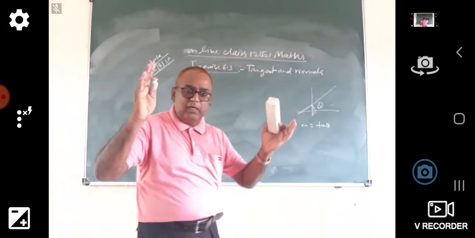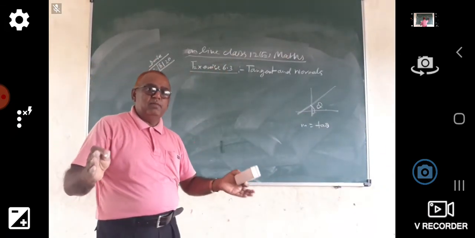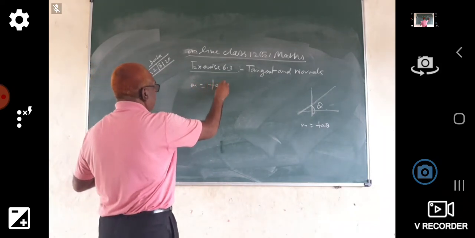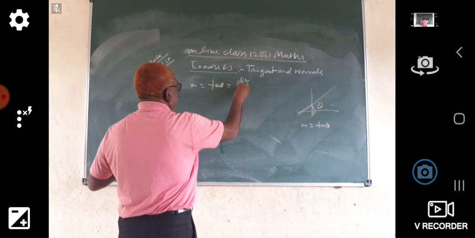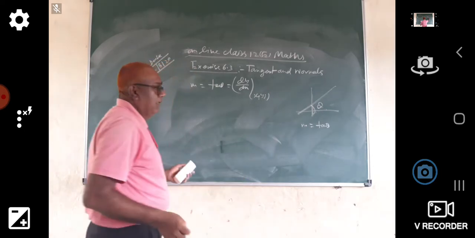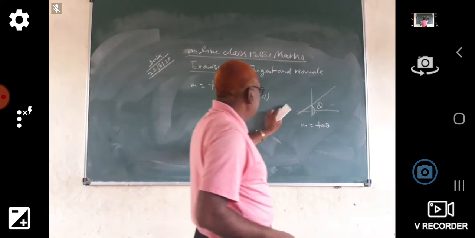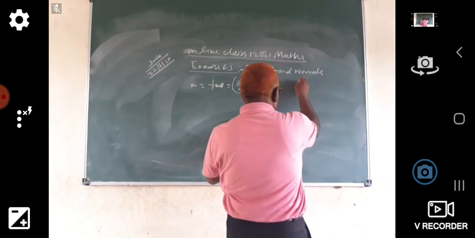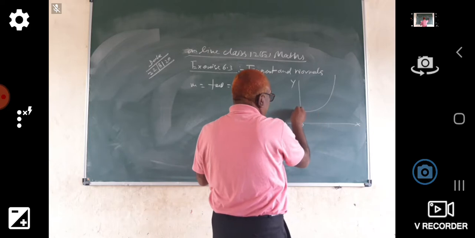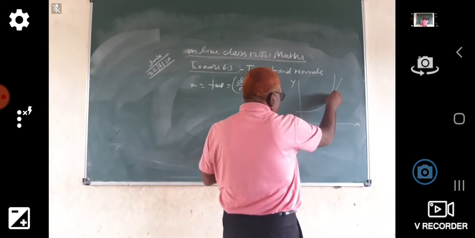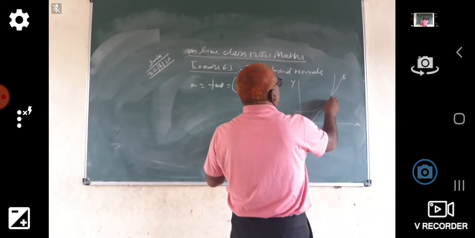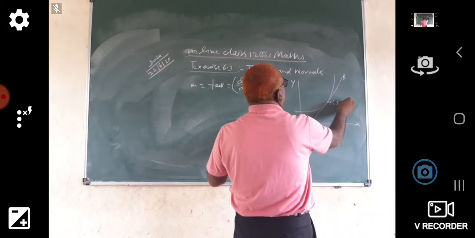So the slope of a curve is defined by m is equal to tan theta is equal to dy by dx at a point x1, y1. Now here we are taking a curve such that AP is the tangent line and P is the point of contact.